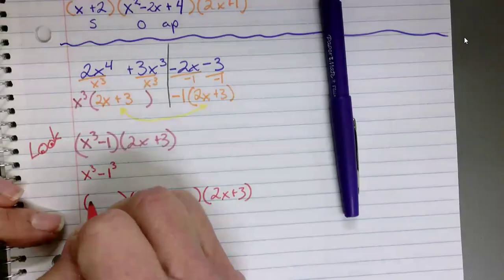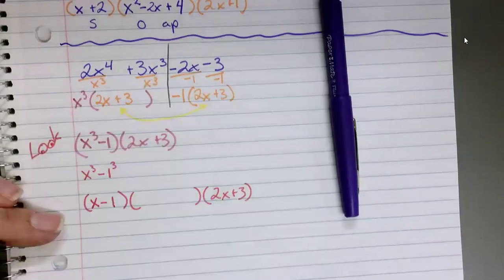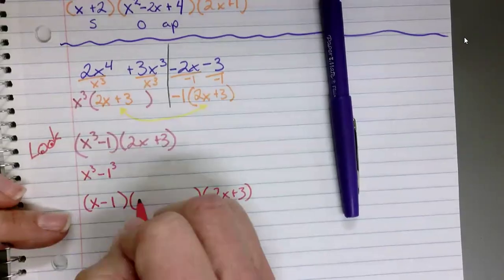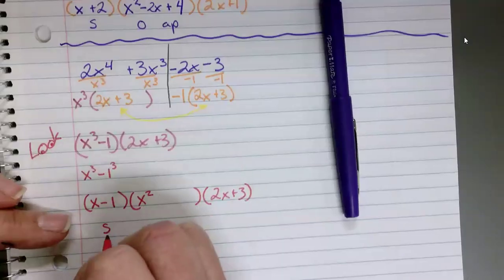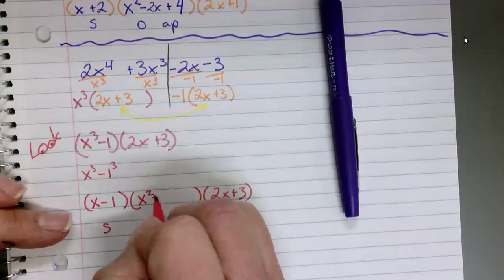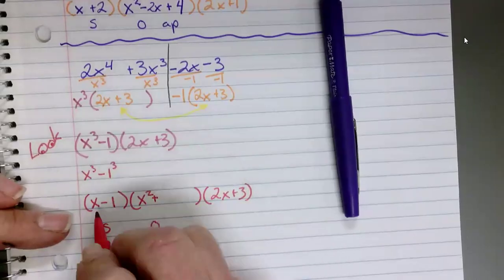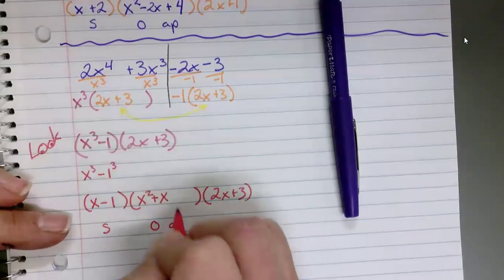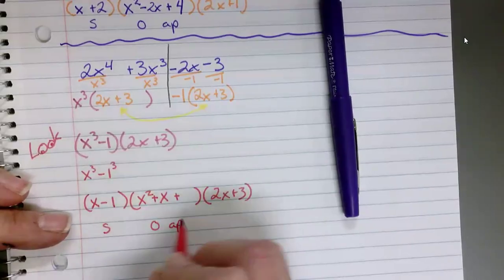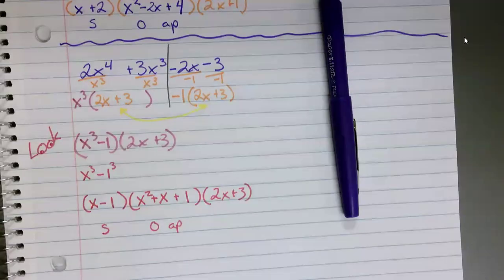The first binomial will end up being x minus 1. Then you get x squared. Oh, use your soap. Same sign, opposite sign. So now I'm adding. X times 1 is 1x. And then always positive for our last term. 1 squared is 1. And then that is your finished product.